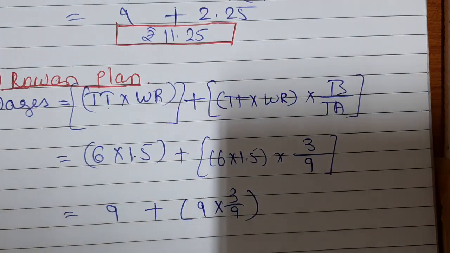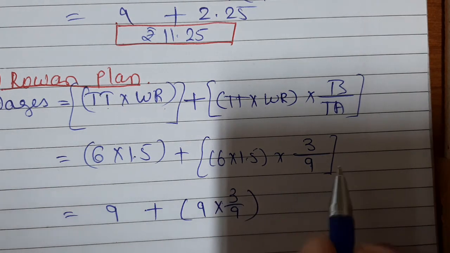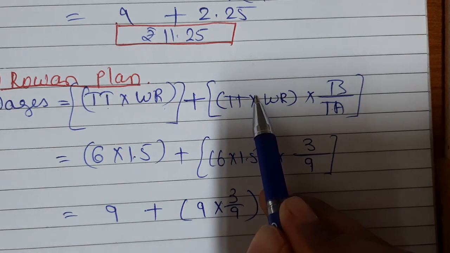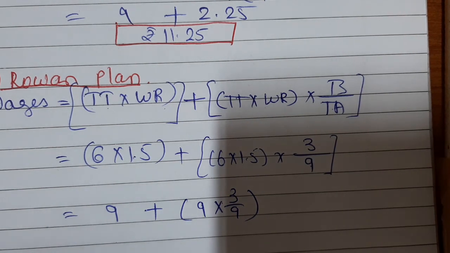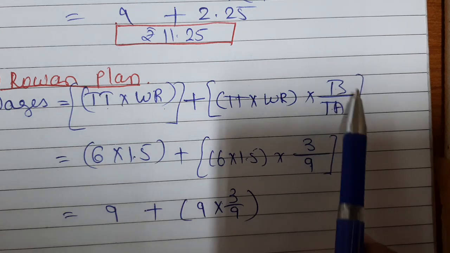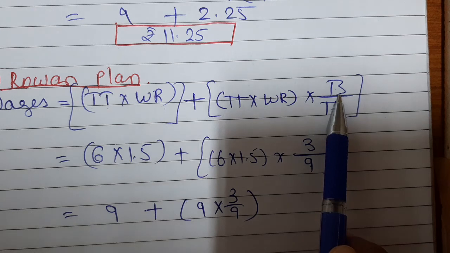Here the proportion is taken of time allowed and wage rate. In Halsey plan, it was directly 50% of time saved into wage rate, but here the logical proportion is taken of time allowed and time saved. How much time is allowed, and from the same how much time is saved.